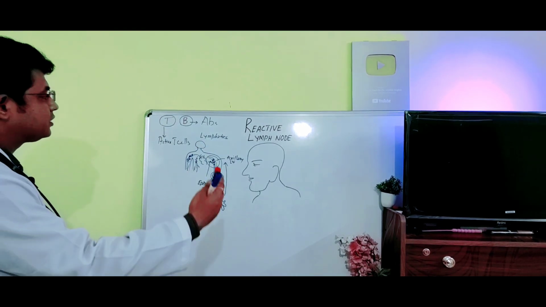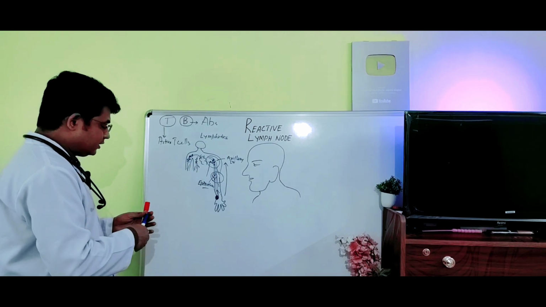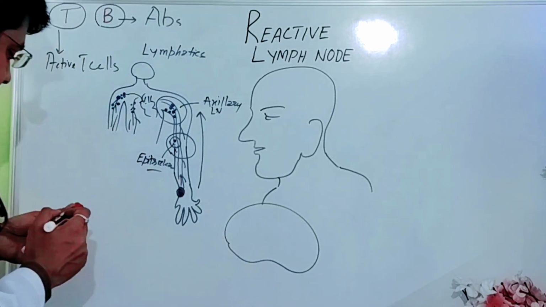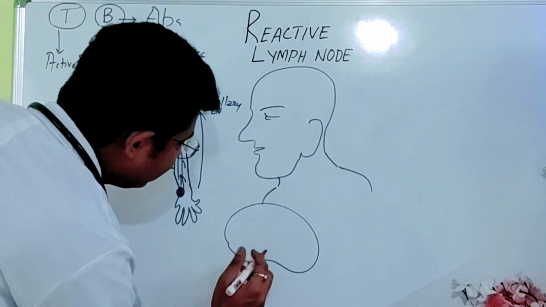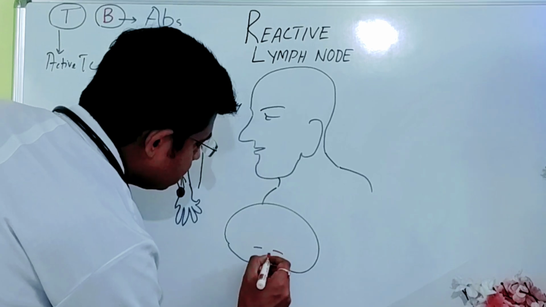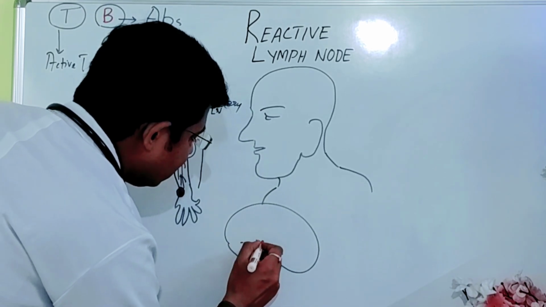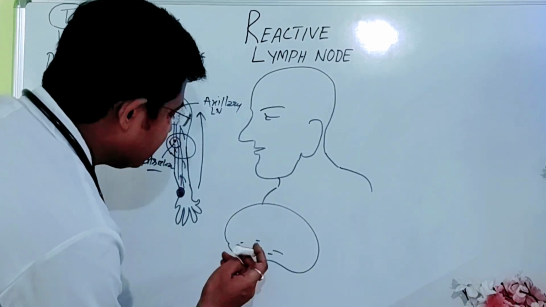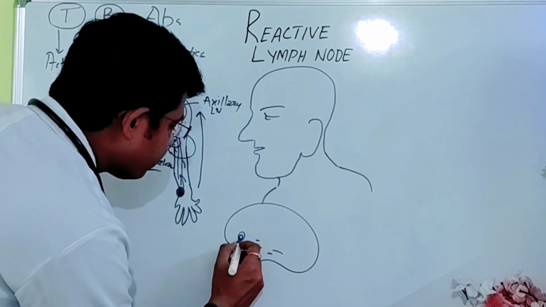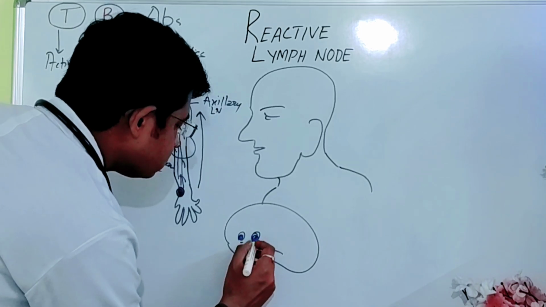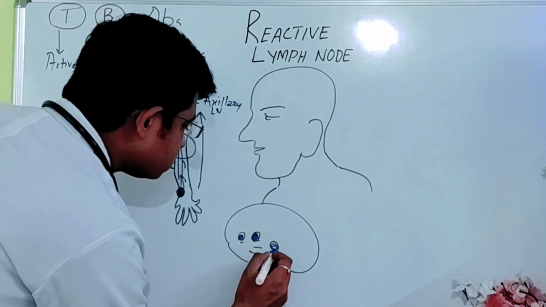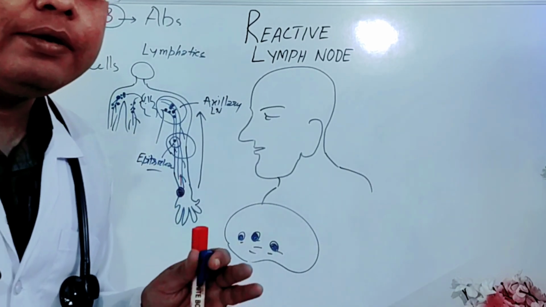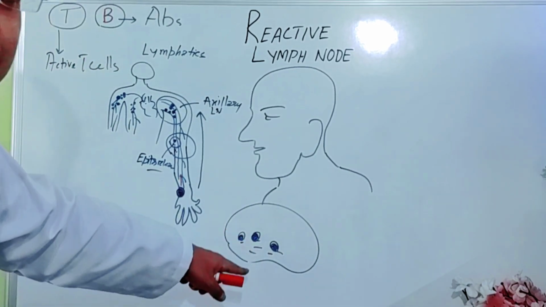And in this process, suppose this is one lymph node. If some bacteria have entered the lymph node through lymphatic vessels, they will be subjected to different lymphocytes, and those lymphocytes will be activated. There will be proliferation of those lymphocytes.